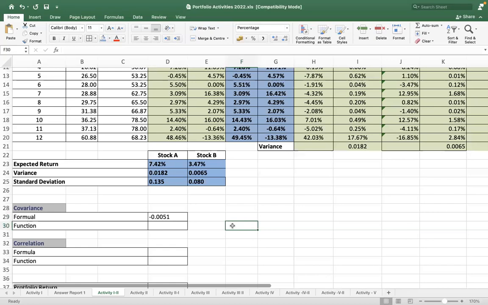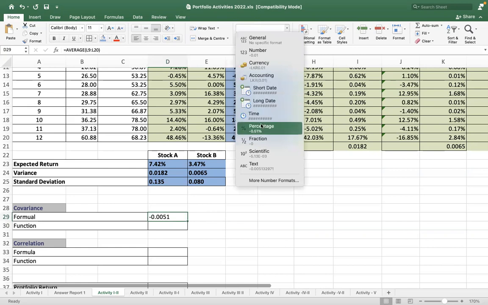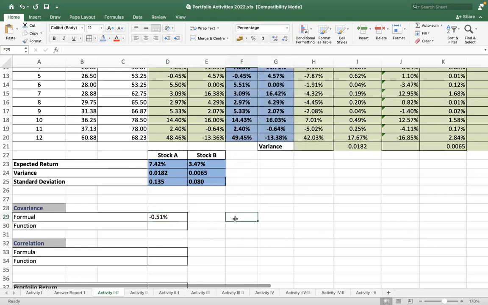Covariance. Let's convert into percentage so then you can see it easily. Right, this is the average, the covariance.